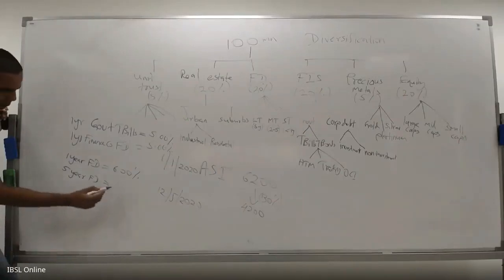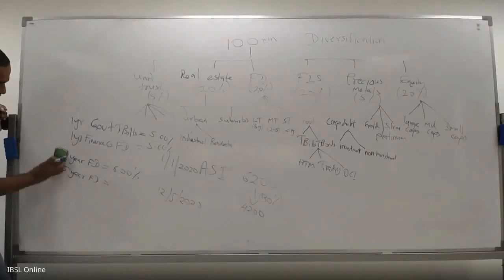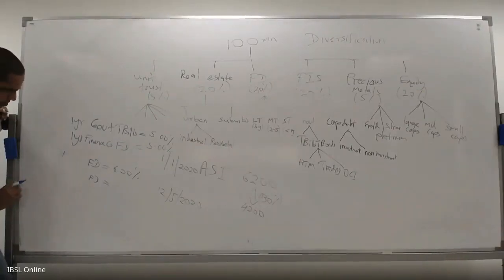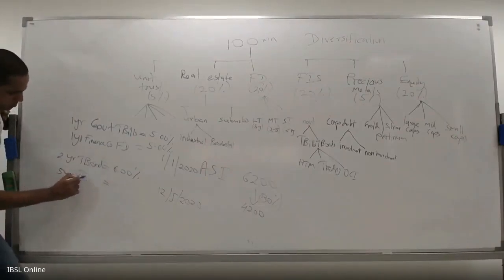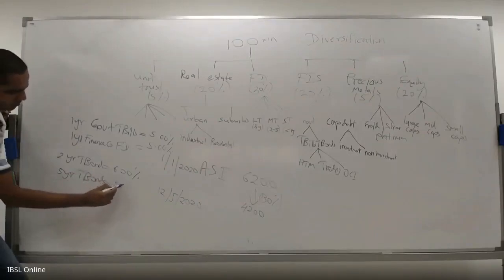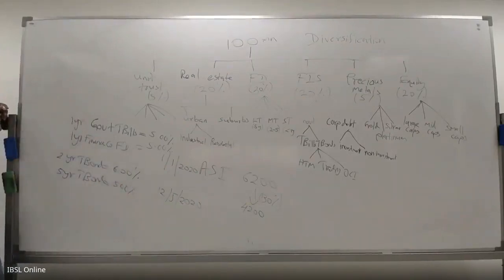Sorry, let's say it's a treasury bond. I'll put it this way. It's a 2-year treasury bond giving you 6%. Then a 5-year treasury bond is giving you 5%. Right? So both of these are issued by the government.